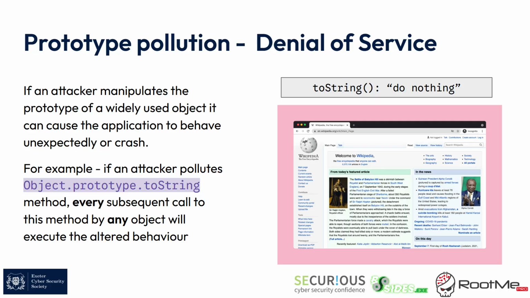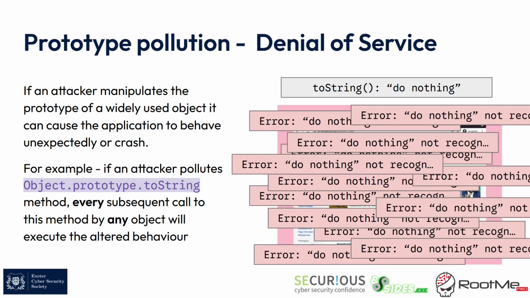It's been changed to a string. Then I get a whole bunch of errors across the website because it doesn't know what to do when I call toString, since I just get a string value back. It means that you've successfully polluted the prototype of that function and caused the website to not function anymore.